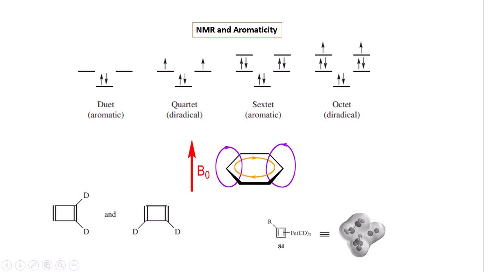Now, a very interesting observation is cyclobutadiene, which has 4n pi electrons, so it can be considered an anti-aromatic compound. But in practical cases, it mainly exists in a rectangular shape compared to the square form.